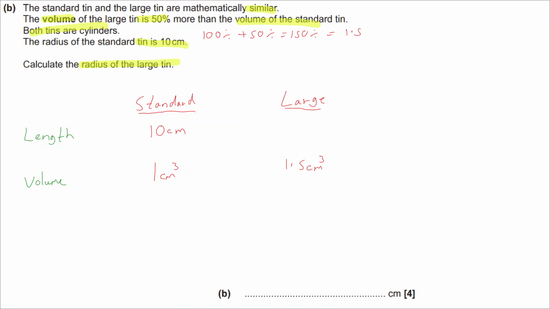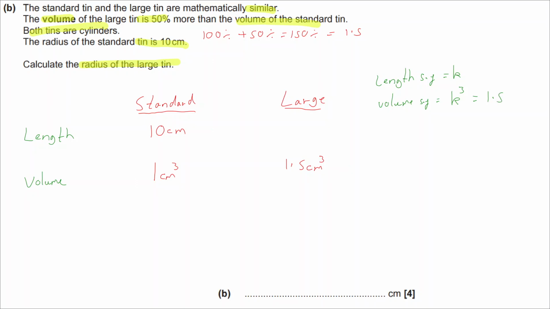A length scale factor, SF, you call K, and we don't know what this value of K is, and you've also got a volume scale factor, which you call K cubed. To get from 1 to 1.5, you're timesing by 1.5. So your value of K cubed is equal to 1.5.